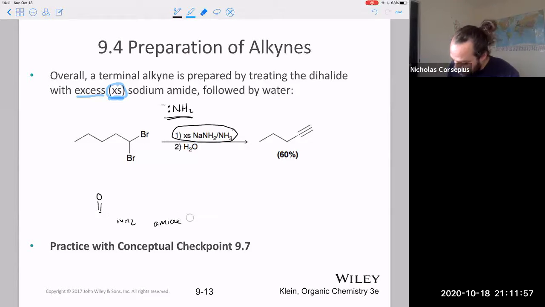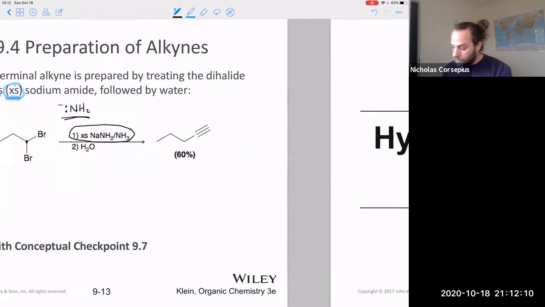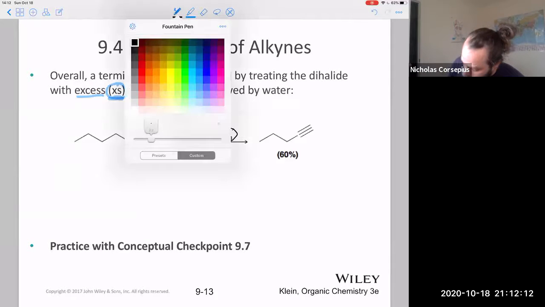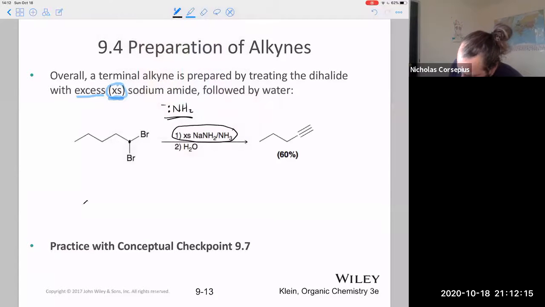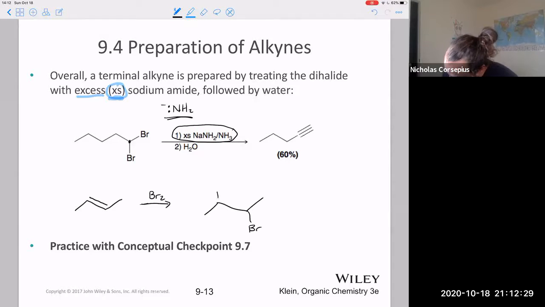So in this case, I again have one of those geminal dihalides. In the presence of strong base, I'll form an alkyne. This is pretty cool because starting with, for example, an alkene, we know that we can react it with a halogen, in this case liquid bromine, in order to form that dihalide.